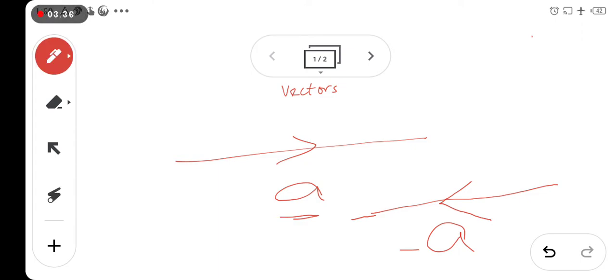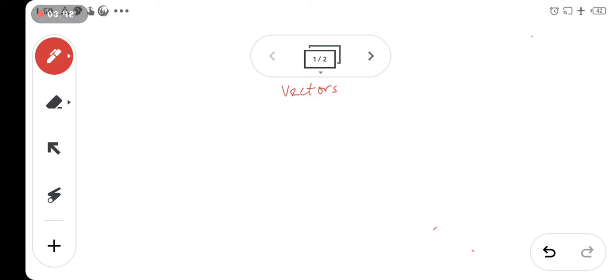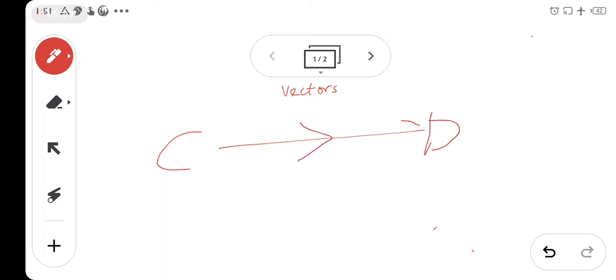Now let's look at another one. If I have vector CD, what do you think the negative vector of this CD will be?